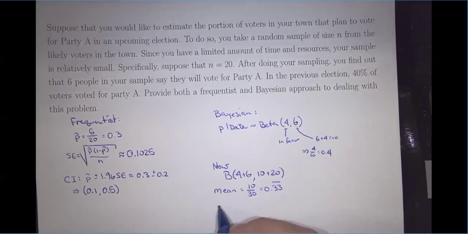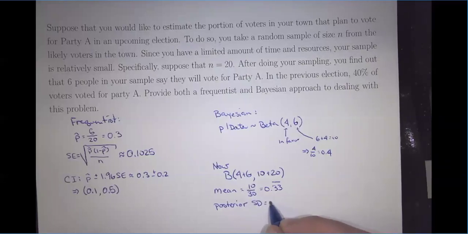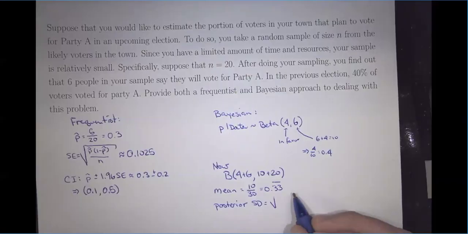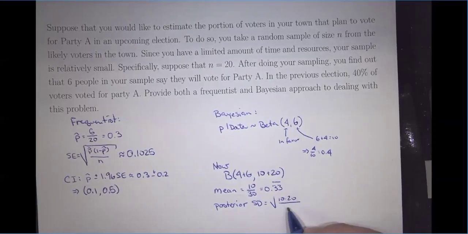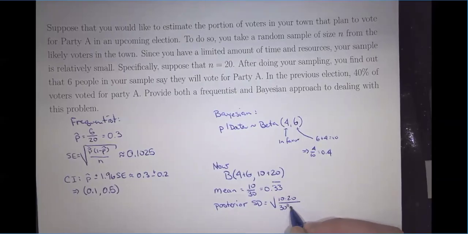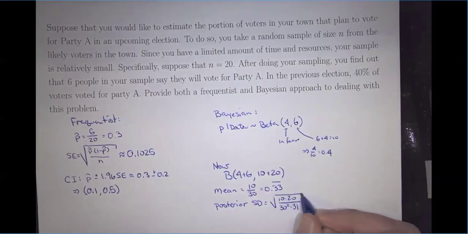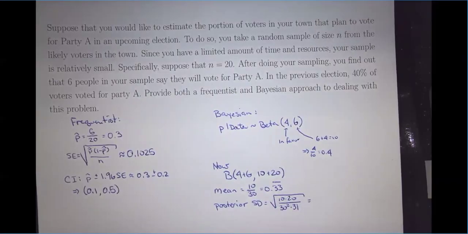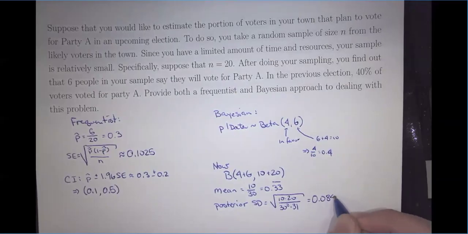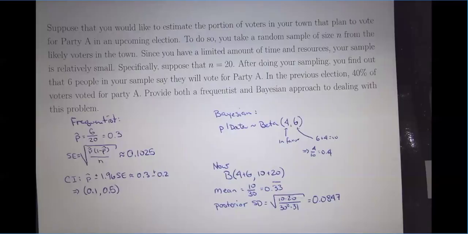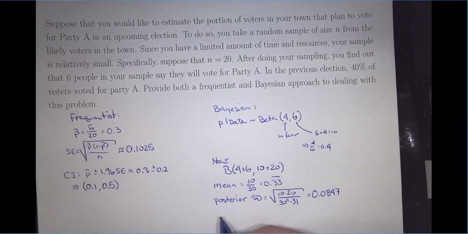Our posterior standard deviation is the root of 10 times 20 over 30 squared times 31. And so that's 0.0847, give or take.